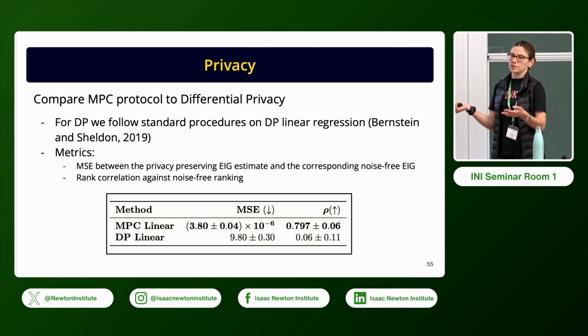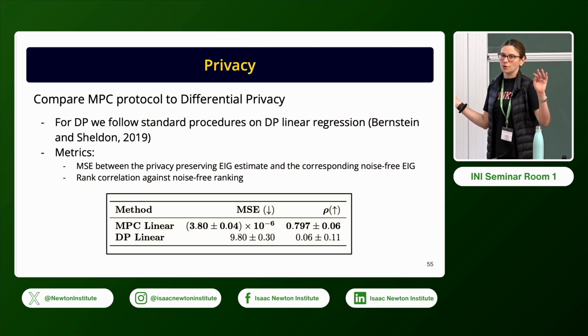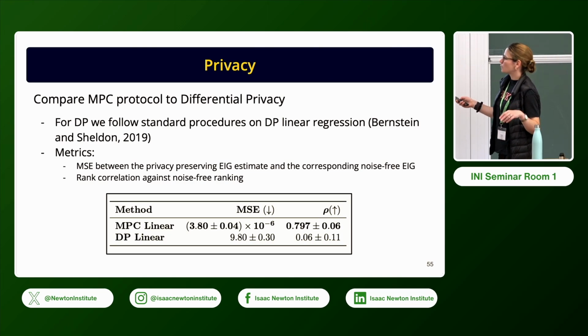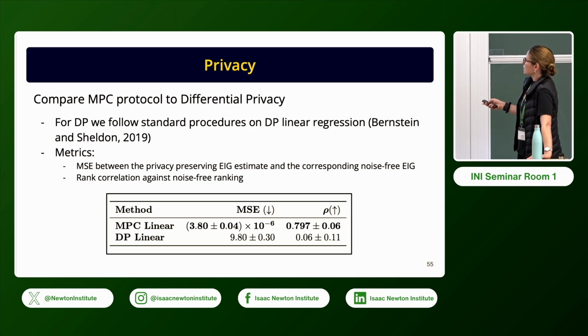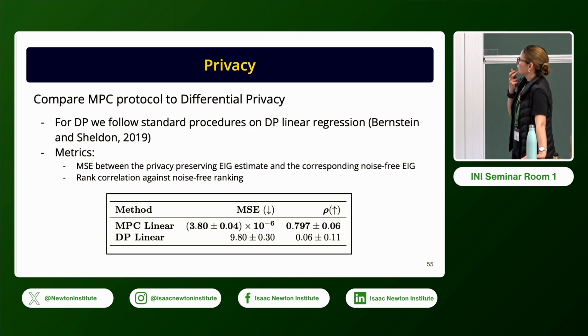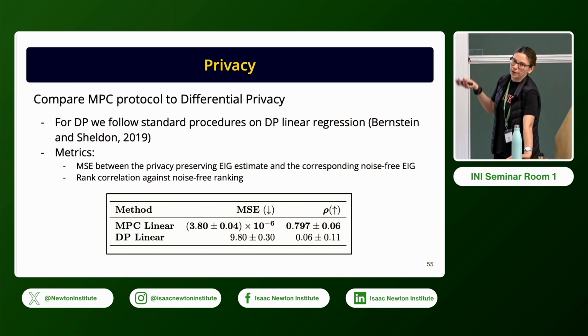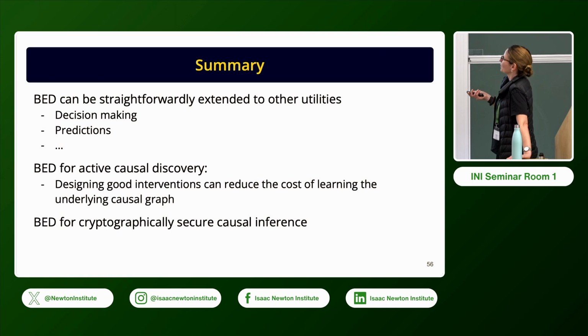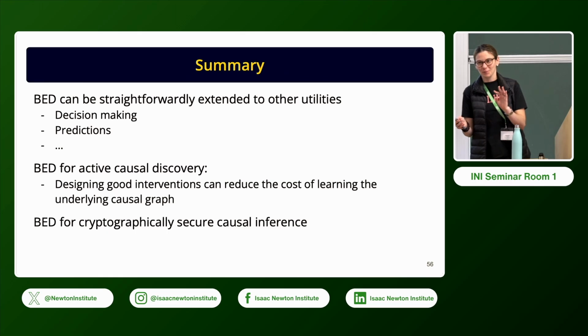So you're merging with something that actually has no correlation with what is the best thing that you can do. And this is with our MPC protocol, where correlation is still very high. Okay. I'll stop here. This is just a very brief summary of what I've talked about. So yeah, happy to take any more questions.